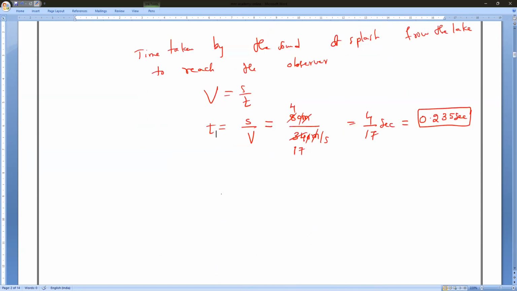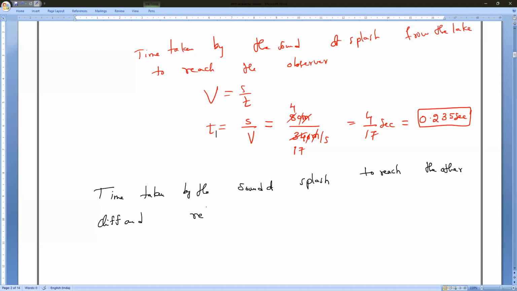Now write this: the time taken by the sound of the splash to reach the other cliff and return back. So what is the echo's total journey, everybody?